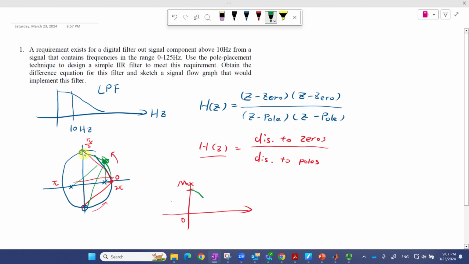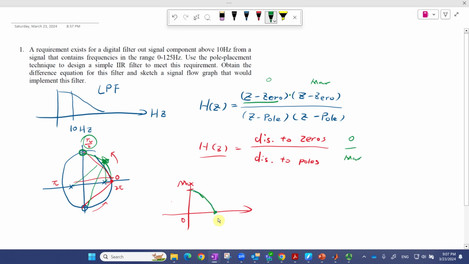When we reach half pi, you can see the distance to the zero, we are stepping on the same location as the zero. So the distance to the zero for one term is 0. For another term it is max, but this is a multiplication, so the distance to zero gives 0, and the distance to the pole is max, so the total is 0.